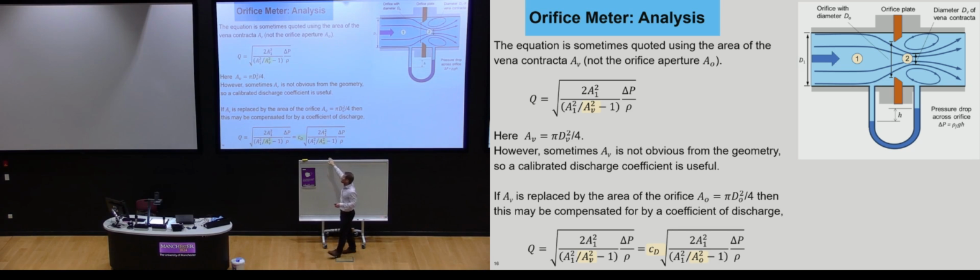Here we've got the area of the orifice, which we do know. And then we take into account that reduction of the area using this discharge coefficient, CD. We can then run experiments in order to identify what that value of CD should be.